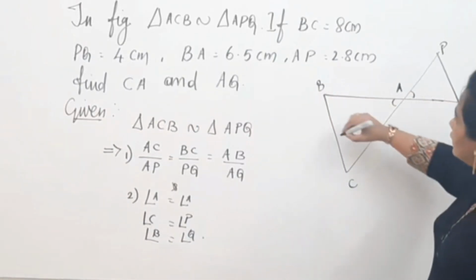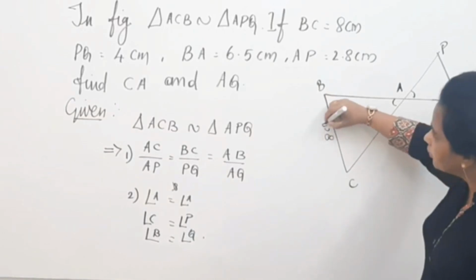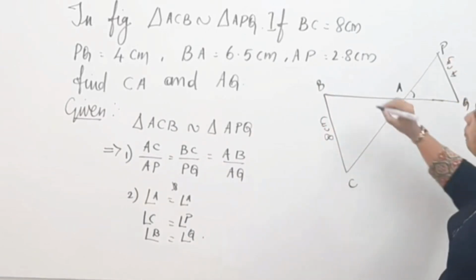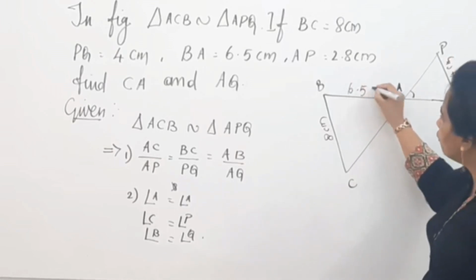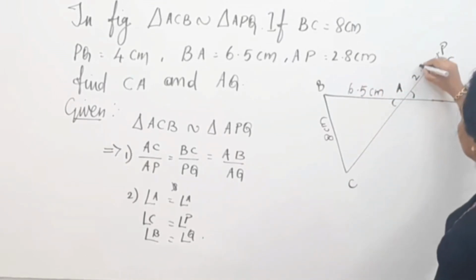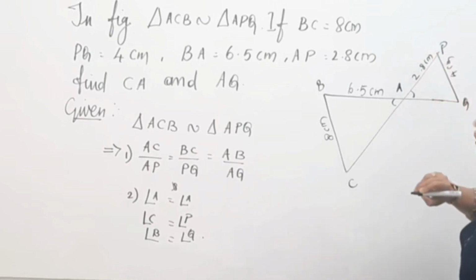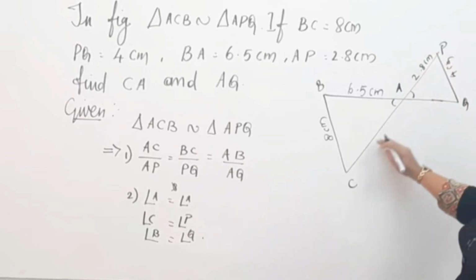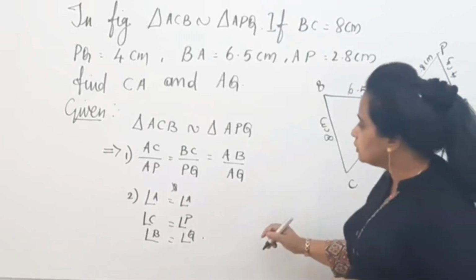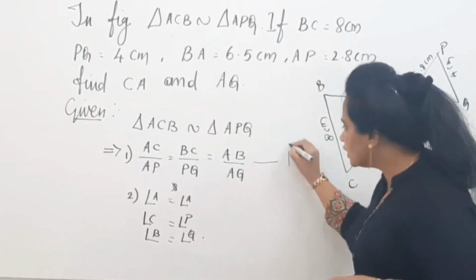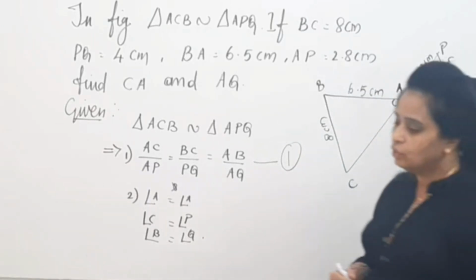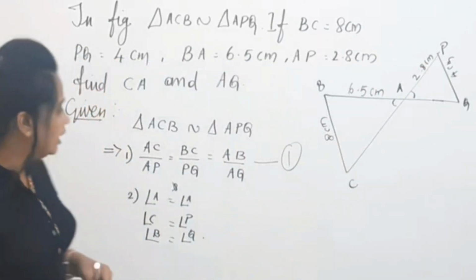BC is 8 cm and PQ is 4 cm and BA is 6.5 cm and AP is 2.8 cm. My question is, find the values of AC and AQ. Now I'm going to substitute in my first condition. This is my first condition and this is my second condition. So my condition says like this.